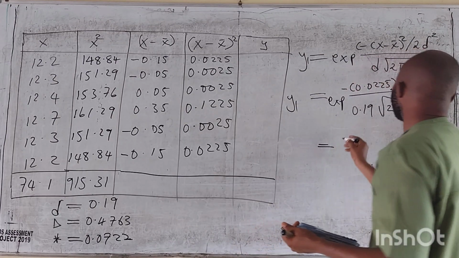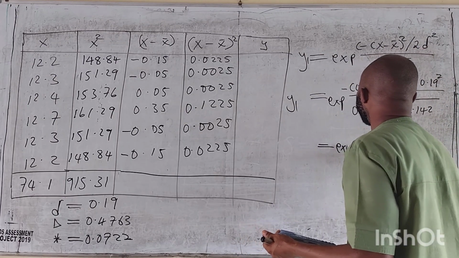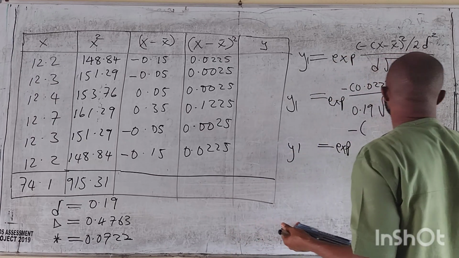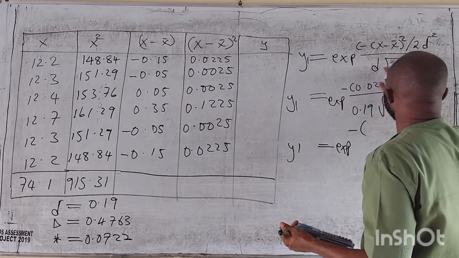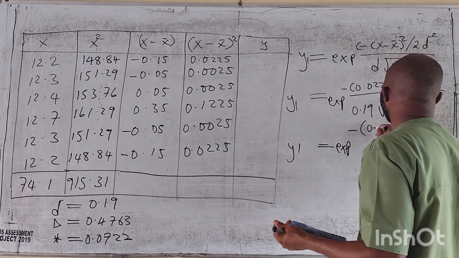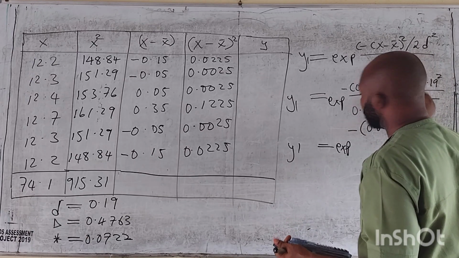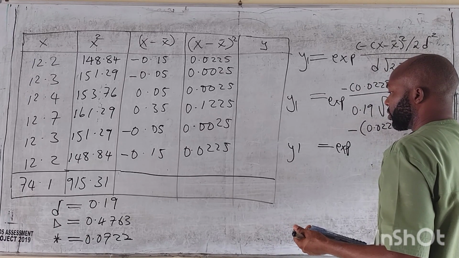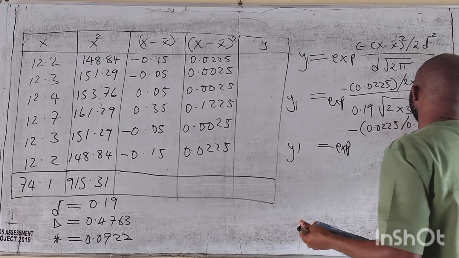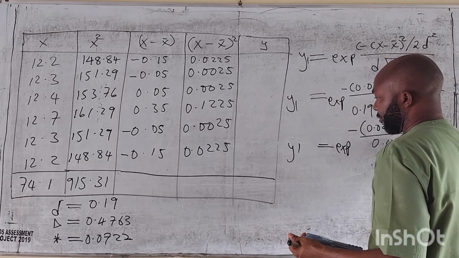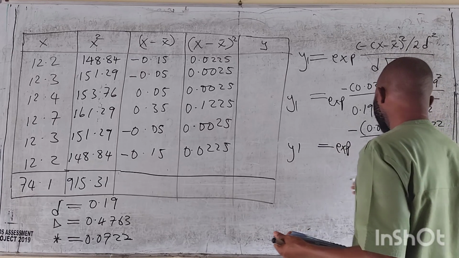This is equals to my exponential minus this divided by, which is 0.0225 divided by the other side, which is 0.0722, all over the downside, capital D, 0.4763.